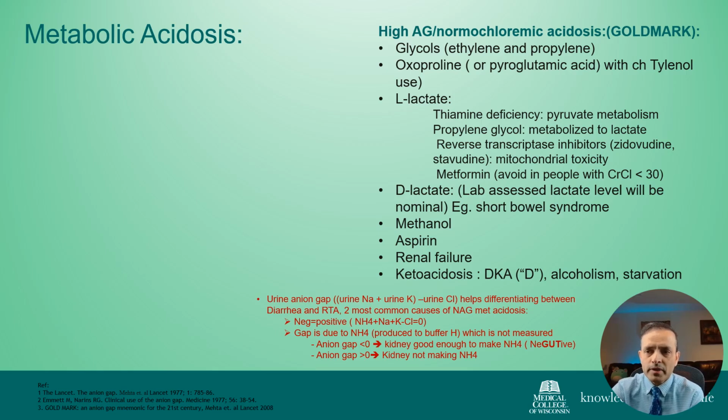If the number is negative, it is coming from the gut, that number is going to be negative. And if that number is more than 0, it is not coming from the gut, it's coming from the kidney, because the kidney is not making ammonium. So that's the way to interpret urine anion gap.